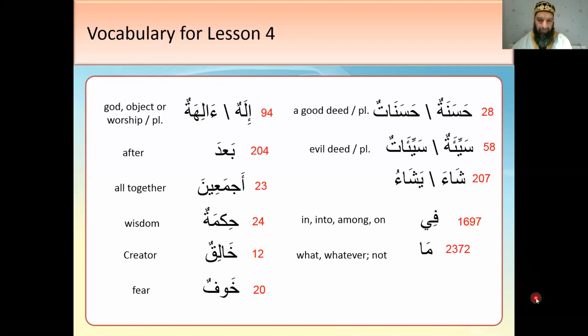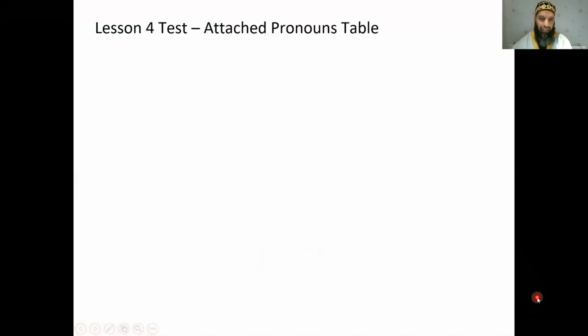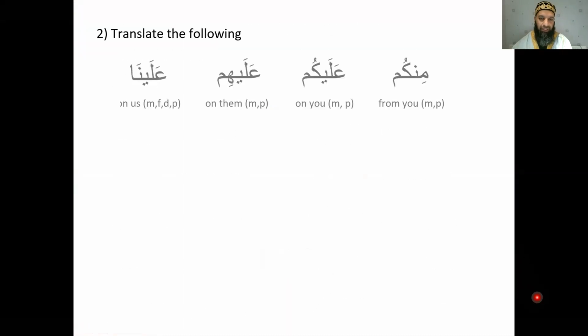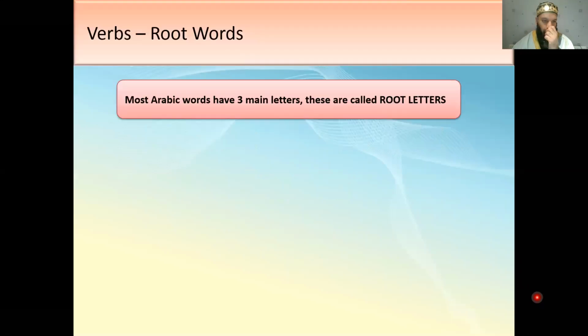We've already covered them. And we did this. Okay, so lesson 5. This is a revision class, so we're just going over what we covered in the last 3 weeks. Whenever you have a question, just unmute yourself and ask the question, no problem, inshallah.